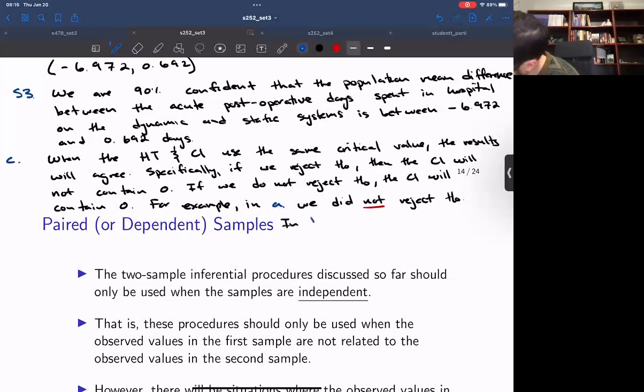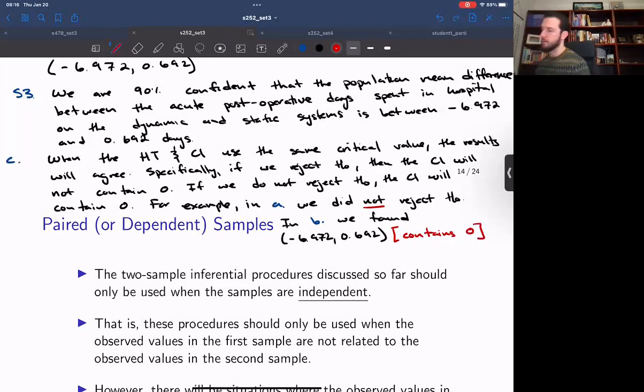In B, we found negative 6.972 to 0.692. Right? And this contains 0.